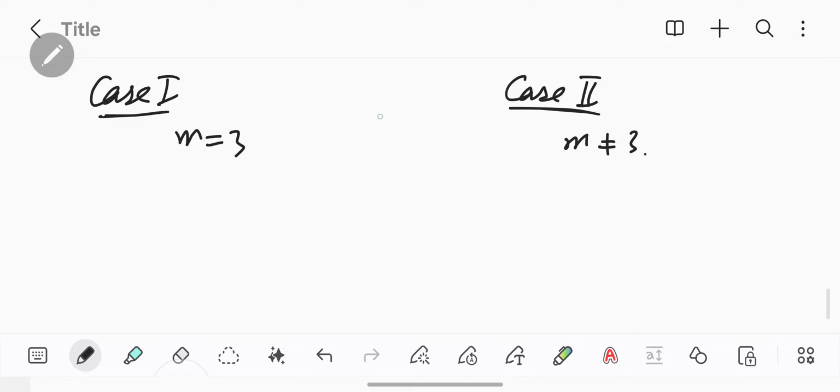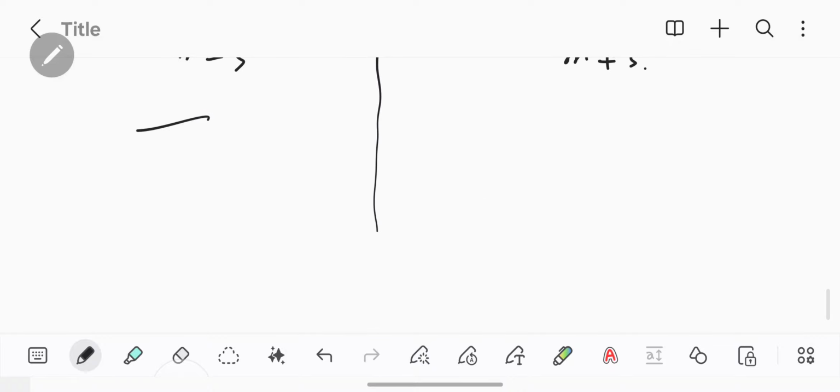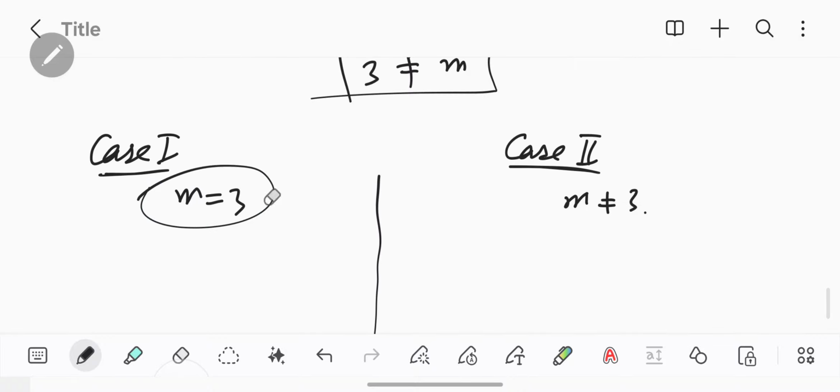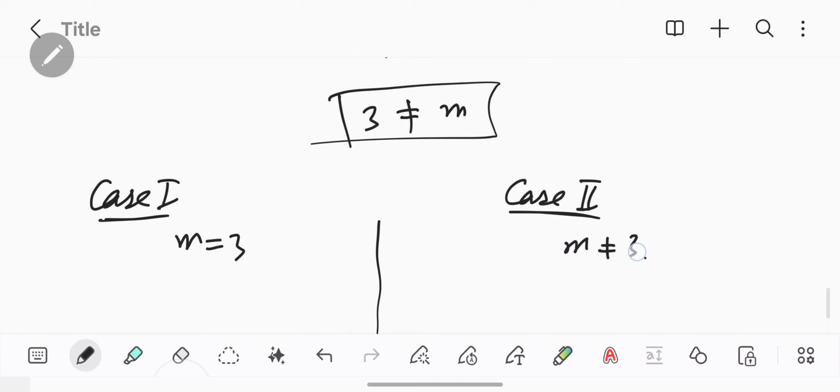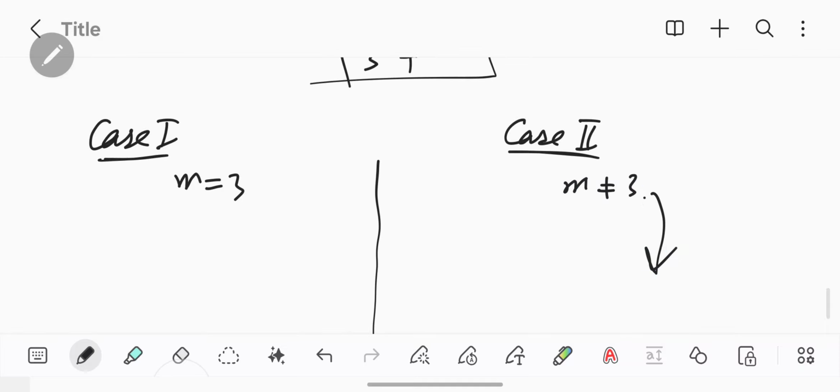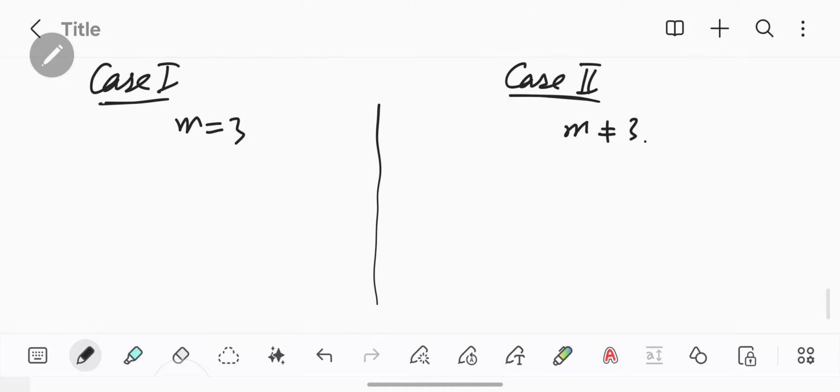So we will check what happens if m is 3. If m is 3, then the determinant will be 0 and the system will have no solution. When m is not equal to 3, then the determinant will not be 0 and the system will have a solution. Make sense?